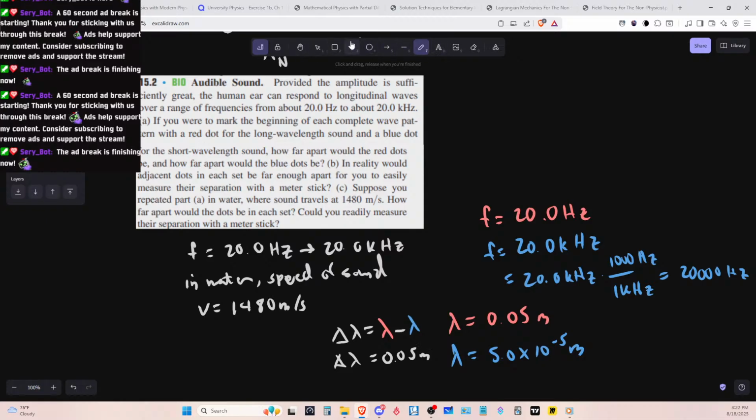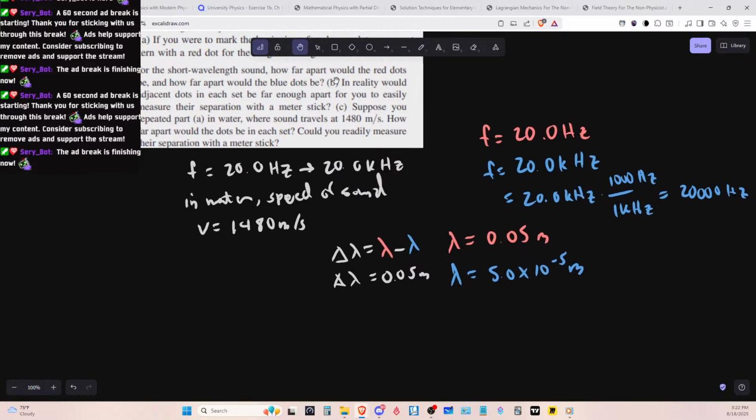Let's go down here. I mean, this counts as A and B. So for C, we're given the speed of sound in water.